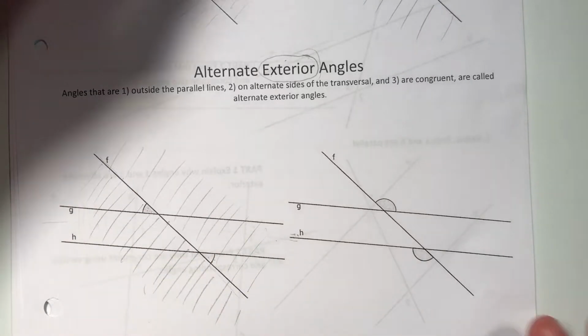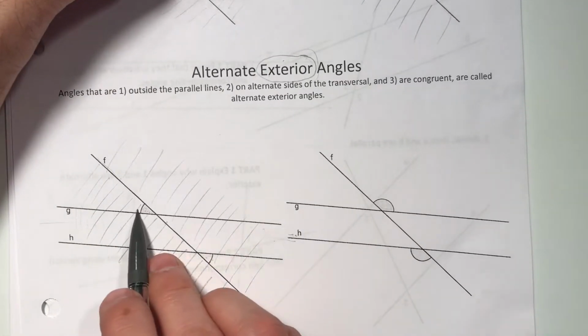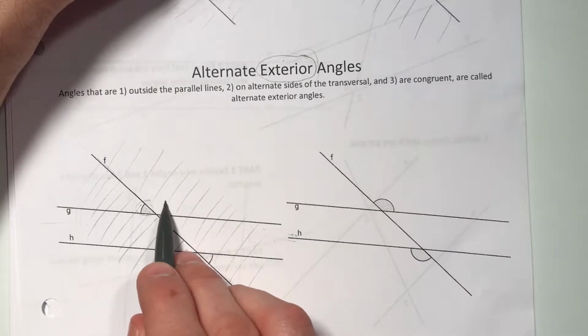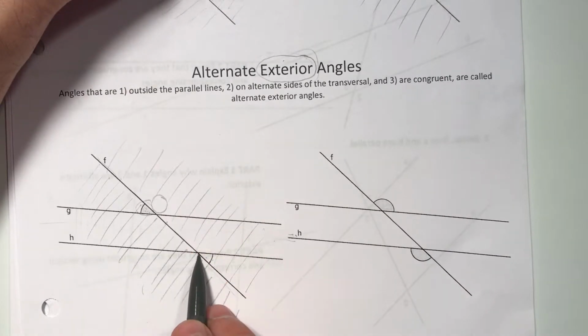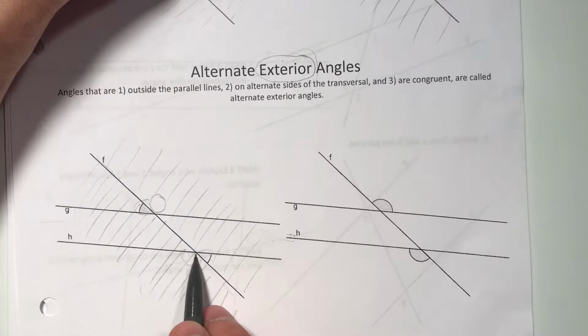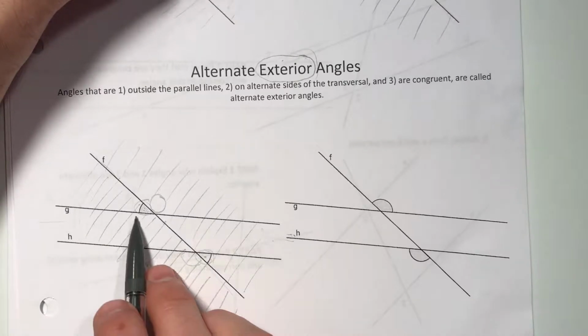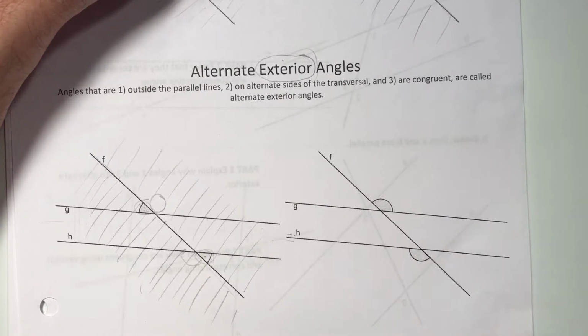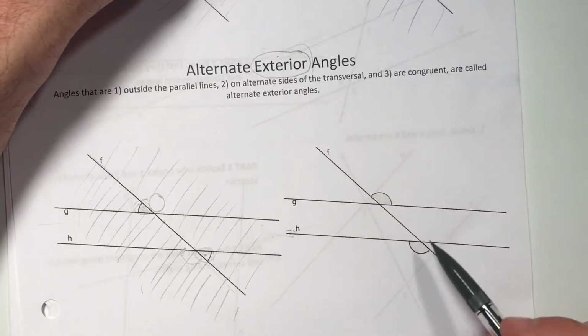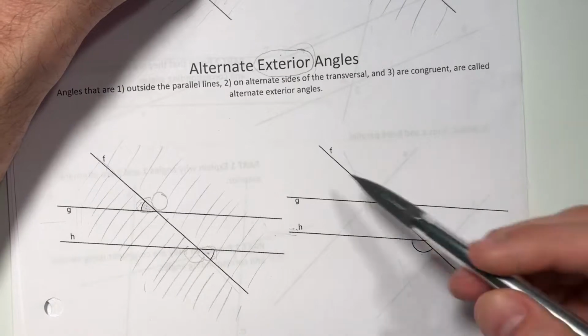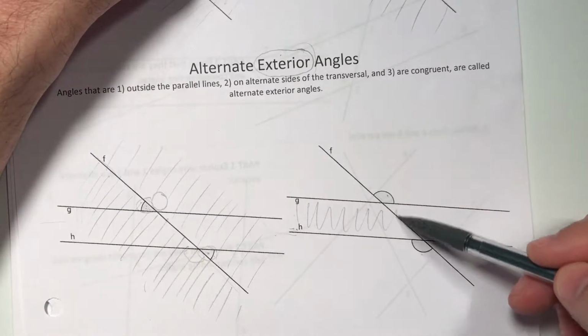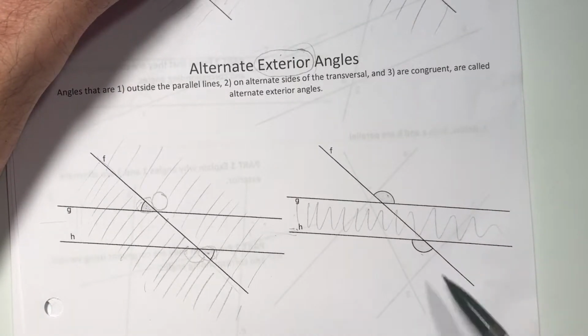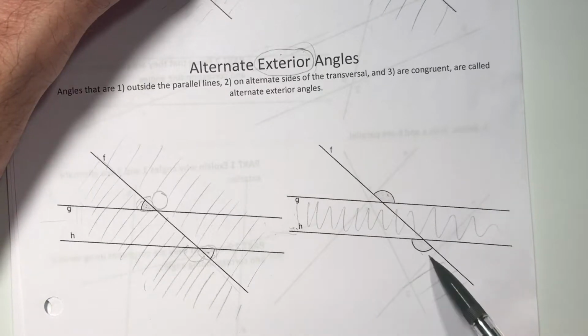So that's it. So just look. On the outside, there are 1, 2, 3, 4 angles on the outside. These two are the same size. They're on the opposite sides. All right, let's come over here. Same thing. Both of these angles are outside of the pipe. They're on opposite sides of the transversal.